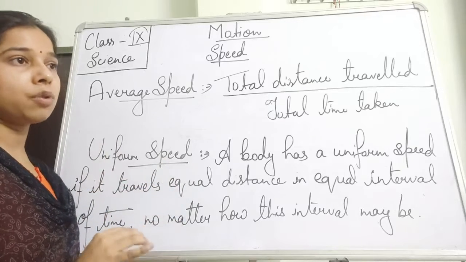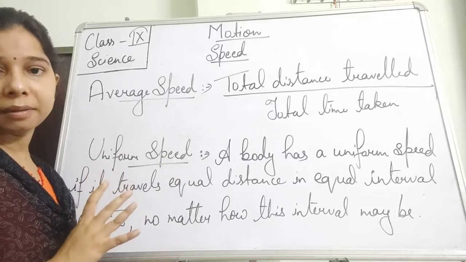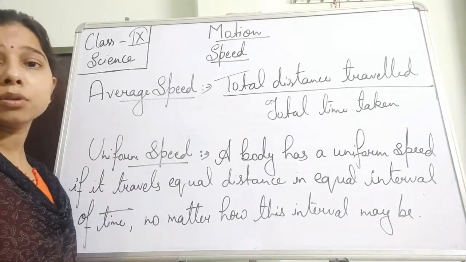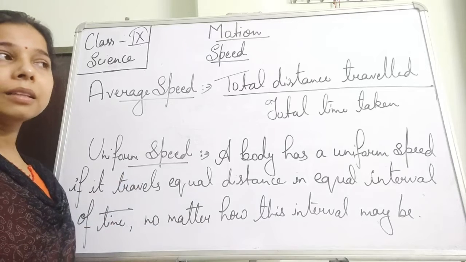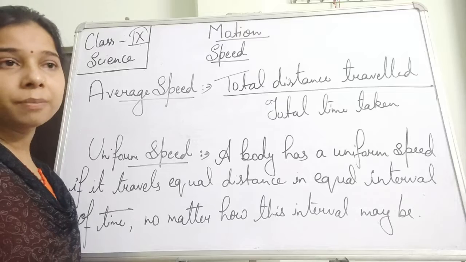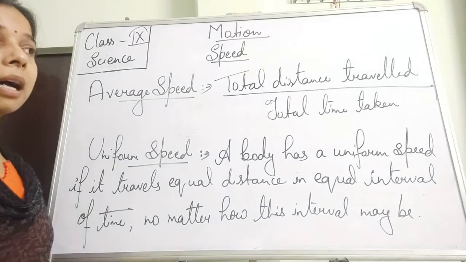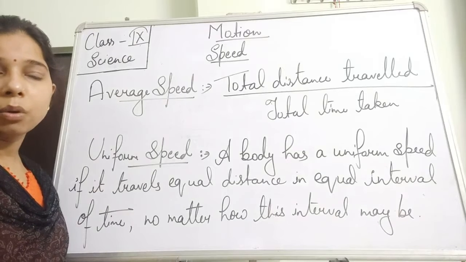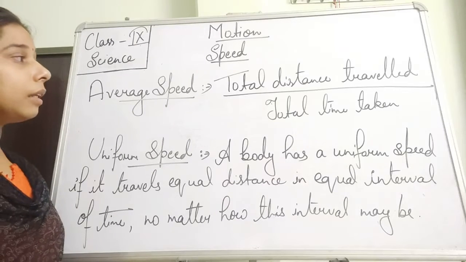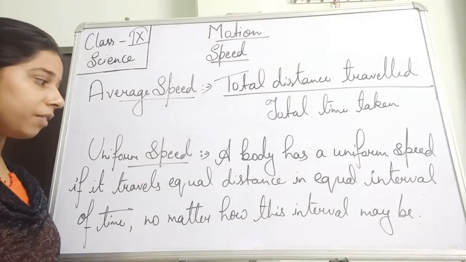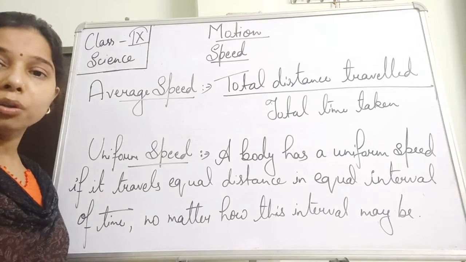So basically it travels 1/60 km per second. This kind of uniform speed is a constant speed, and naturally we do not find it, because a car or any vehicle never moves at a uniform speed. So these are the speeds, students: what is speed, what is average speed, as well as what is uniform speed.